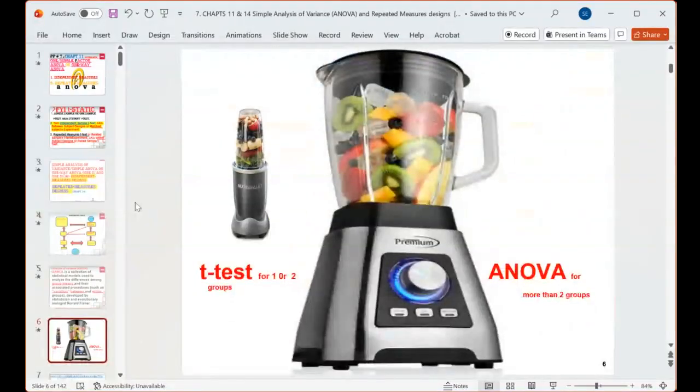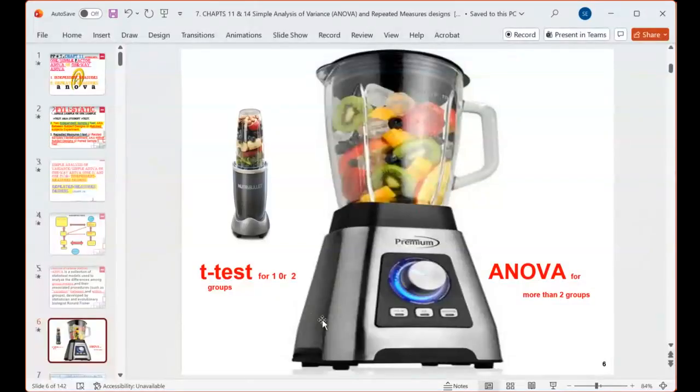Just the analogy to look at. So you know what ANOVA is? It's just a bigger machine. It does the same thing like t-test, but it's bigger. Like, for example, if you want to make one or two drinks, as opposed to one or two samples you have, you use that little cup and make those drinks.